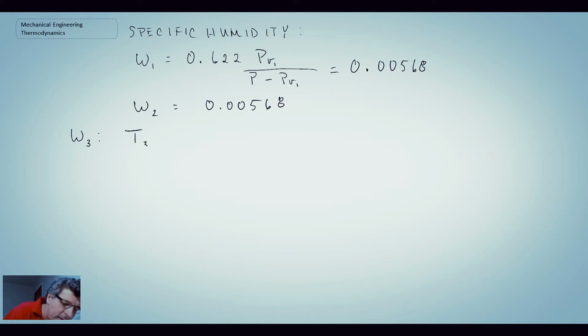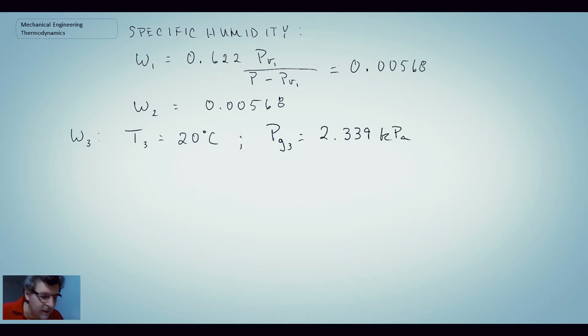Now we know there the dry bulb temperature we were told was 20 degrees C. So we can go to the steam tables in the back of our book. At 20 degrees C, the saturation pressure is 2.339 kPa. So that's from the steam tables.